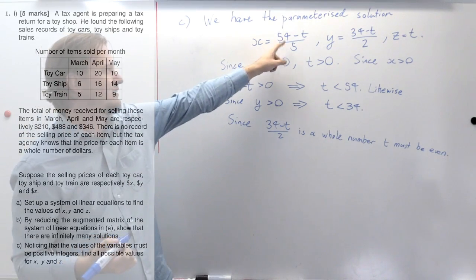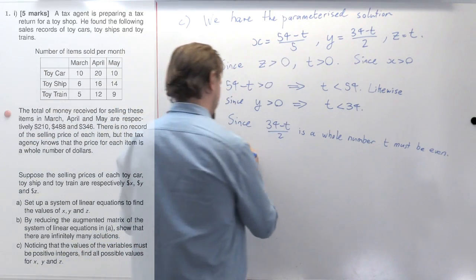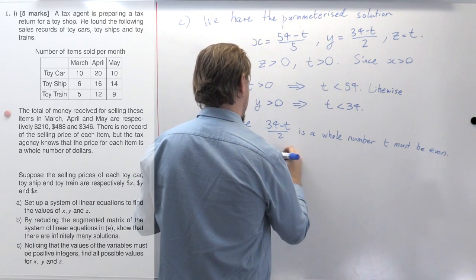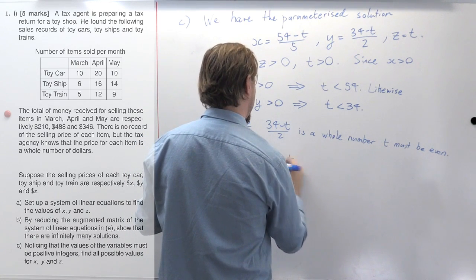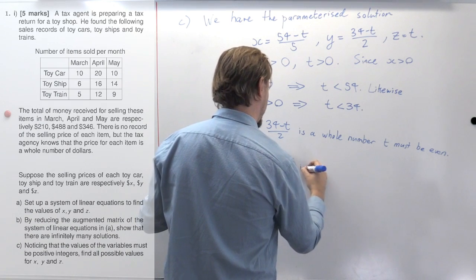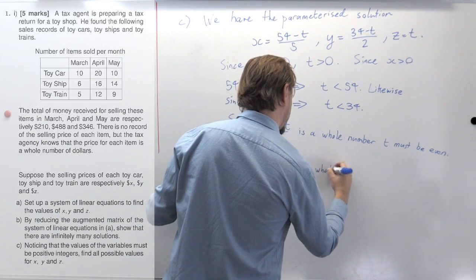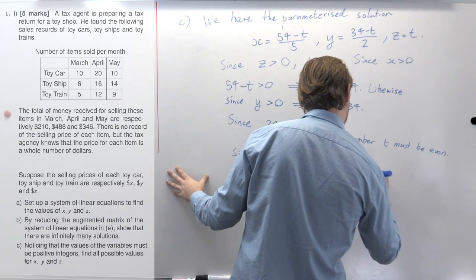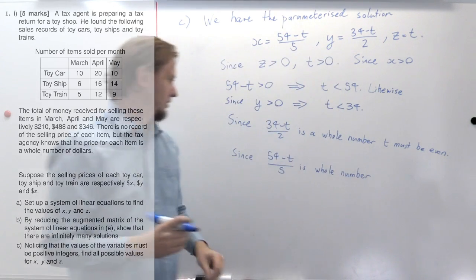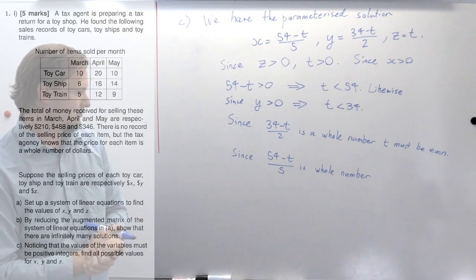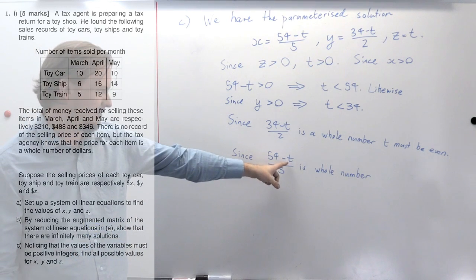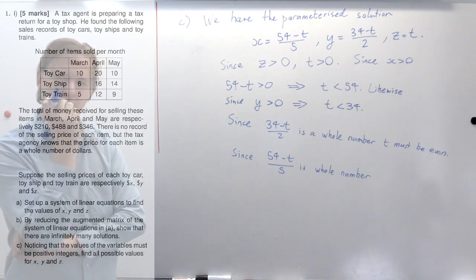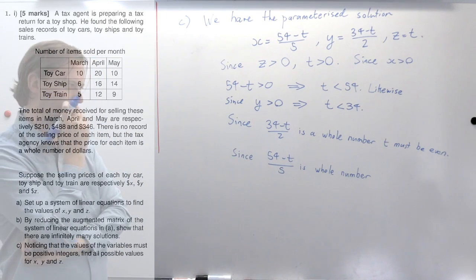This one, I think, is much harder to see. Since 54 minus t over 5 is a whole number, that really means that this has to be 4 more than a multiple of 5.